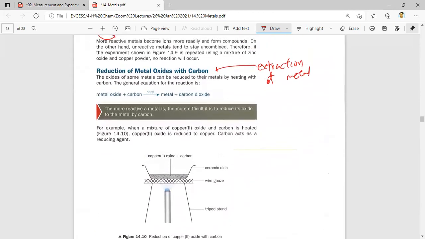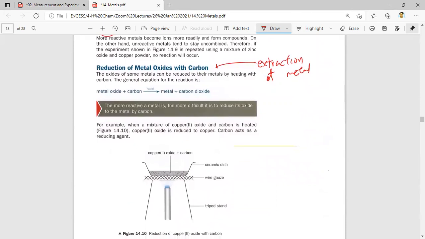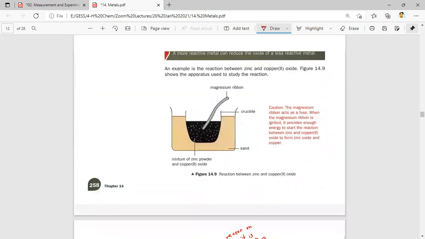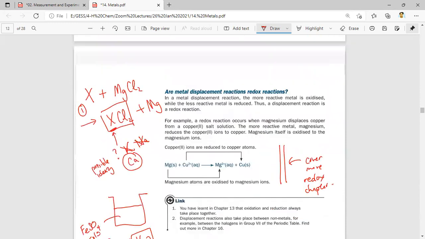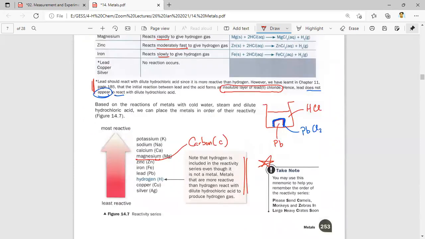Which metals will be extractable using carbon? The answer is, go back to your reactivity series. If you go back to your reactivity series, you realize, now I understand why you put your carbon here already.